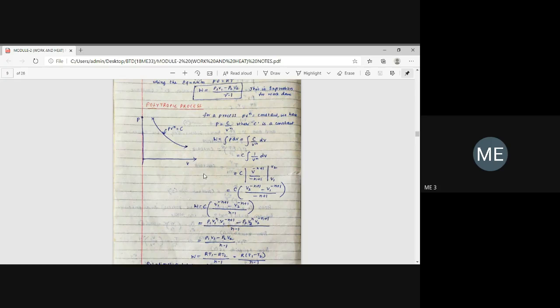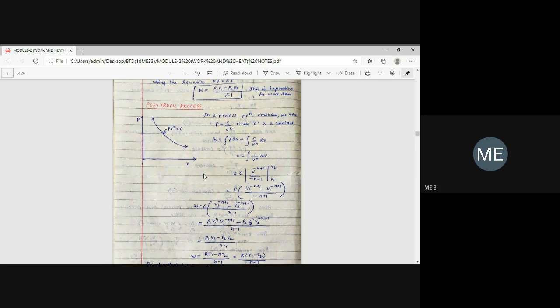Gamma is ratio of specific heats, you remember, Cp by Cv, and it is 1.4. You remember the value of gamma for air is 1.4. How will get gamma is 1.4 is Cp is 1.005 divided by Cv is 0.718. Okay.